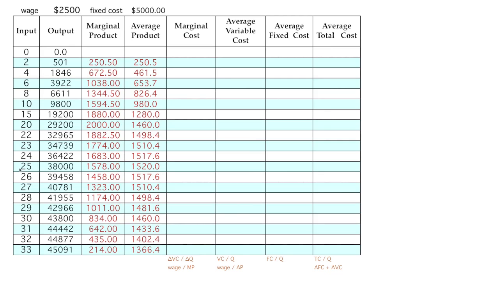So all of these inputs imply a variable cost. And if you took on this table the difference in the variable cost and you divide it by the difference in the output, you would get the marginal cost.